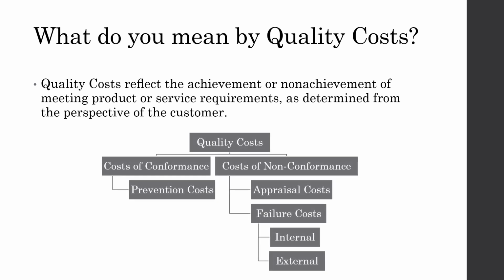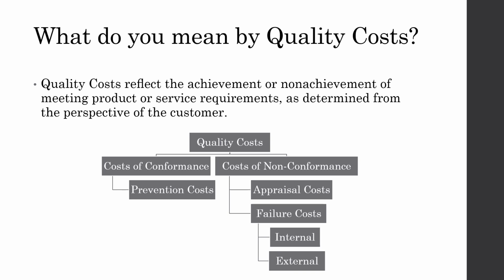The quality costs can be broadly divided into two categories: the costs of conformance and those of non-conformance. The costs of conformance include the cost of those efforts which would have been put into the production of the product so that it achieves the requirements as specified by the customer.